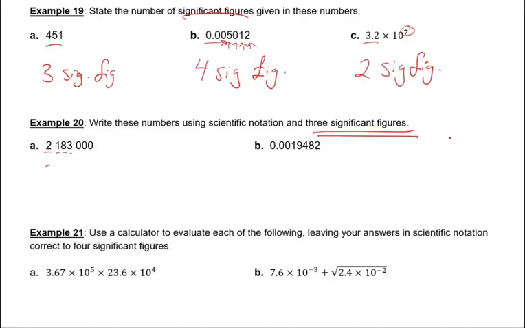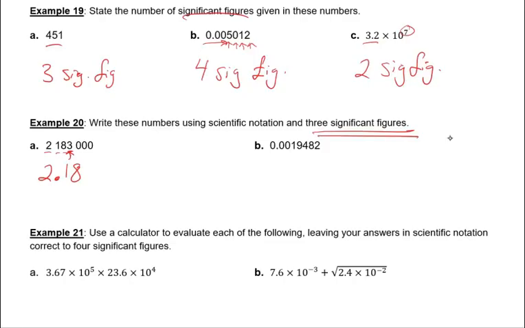So the first thing we do is take the 2, and then we add our decimal point after that. In scientific notation, we have a single digit and then a decimal point, and we're only allowed 3 significant digits. So we have 2.18. Because the critical digit here is 3 when we're rounding, that 8 is going to stay an 8 and it's not going to make a 9.